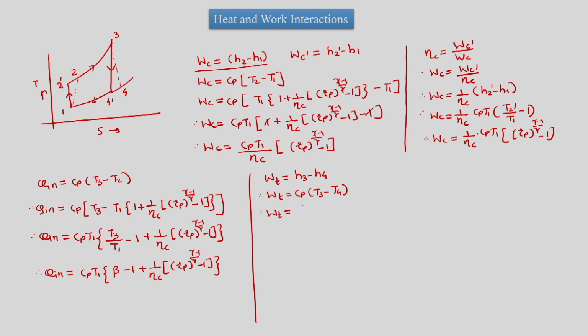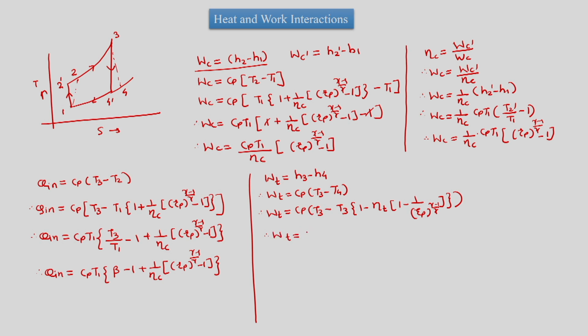For T4 we know the formula, which was T3 into 1 minus eta T into 1 minus 1 upon Rp raised to gamma minus 1 upon gamma, and all the brackets are then complete.